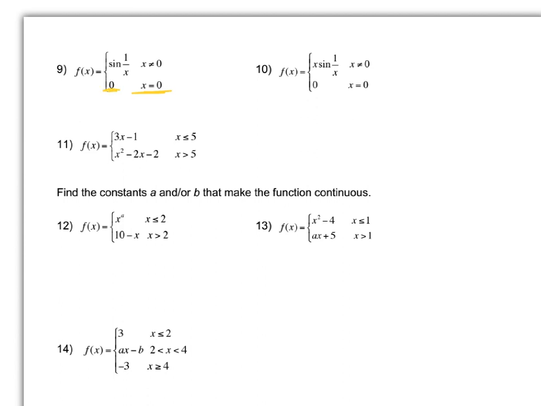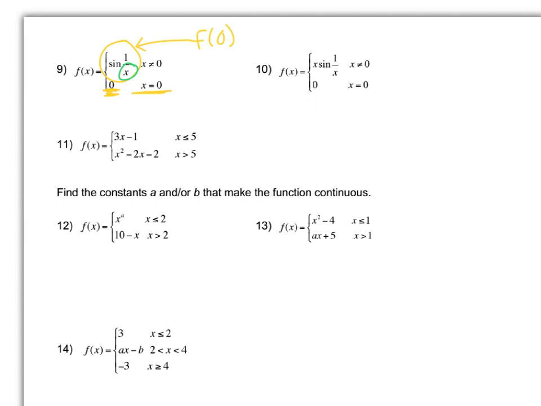If x does not equal 0, we're using this. So we know the y value for this second piece of the function is 0, so we would need to see the y value for this piece of the function when x equals 0. However, we can't even plug 0 into that first piece of the function.